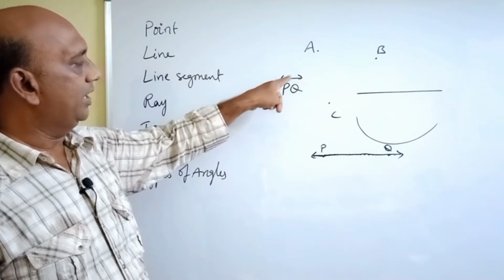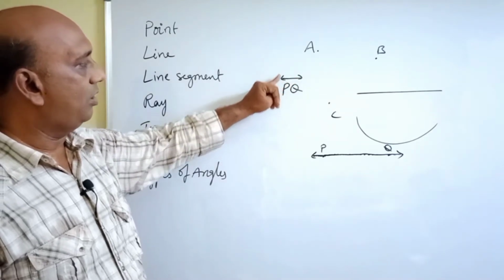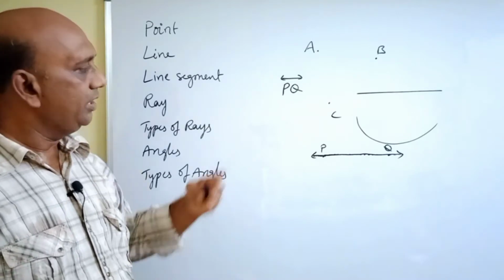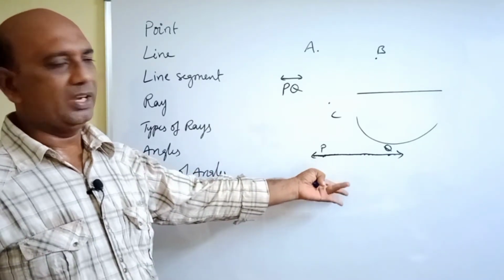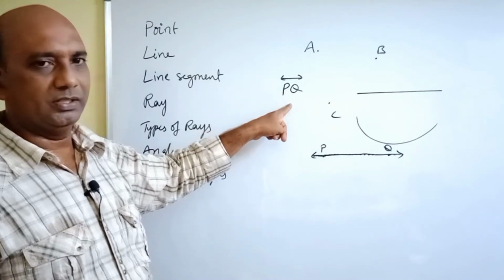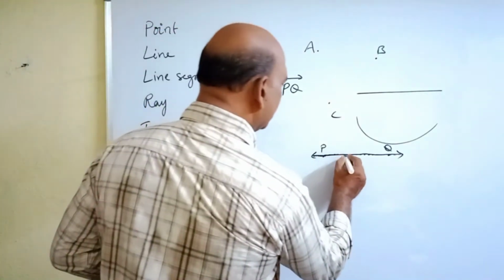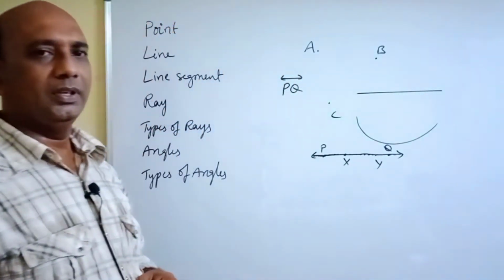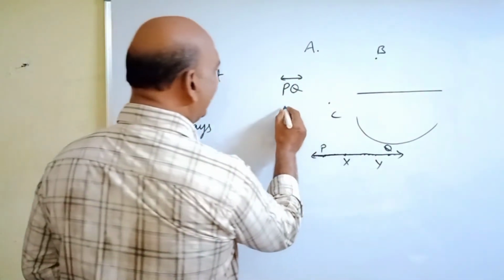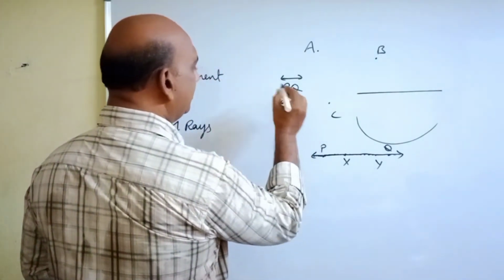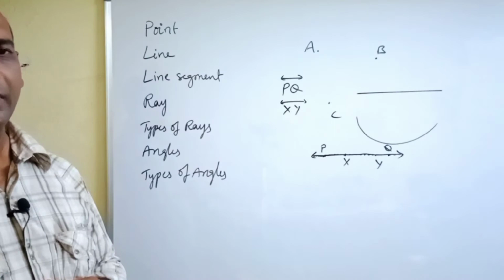With any two letters on the line, we can mark like this. Suppose there is X and Y. We can indicate this line as line XY also. So this is the symbol for line.